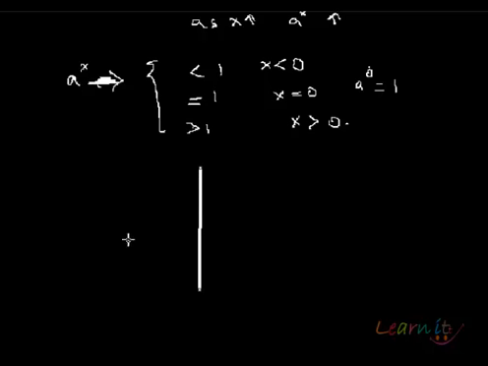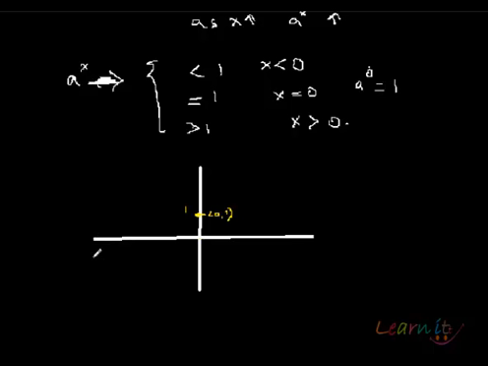So let's see on the graph what exactly it looks like. (0, 1) is a point.